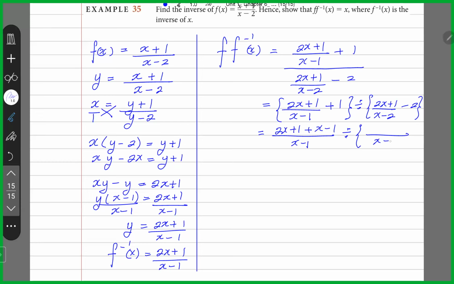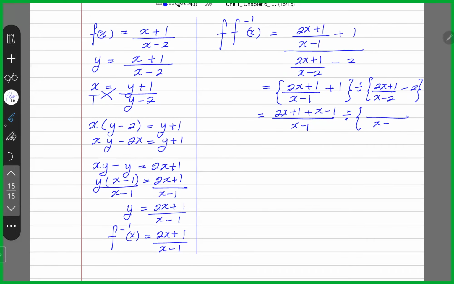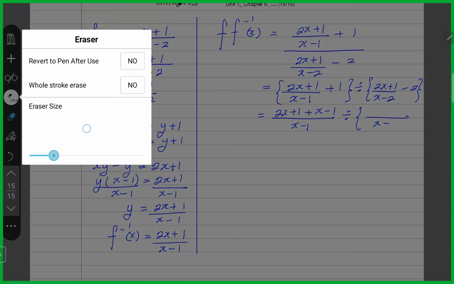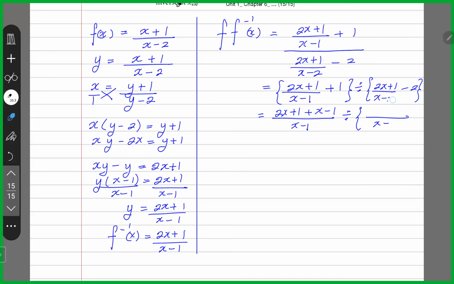All right. Let's see if we made a mistake somewhere. I think I did. There's supposed to be a 1 here, and here as well. So 1 here, 1 here, 1 here.